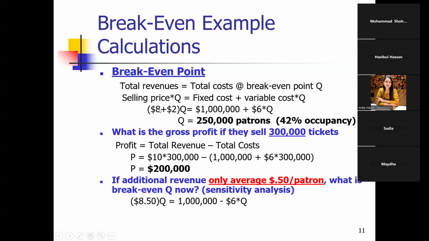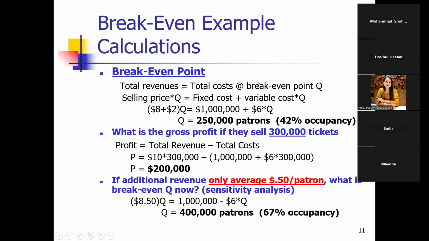That's why 8 plus 0.5, 8.5. Is it clear? Yes sir. So that's the 8.5. So 1 million divided by 8.5 minus 6 equals 4 lakh, 400,000. Good.